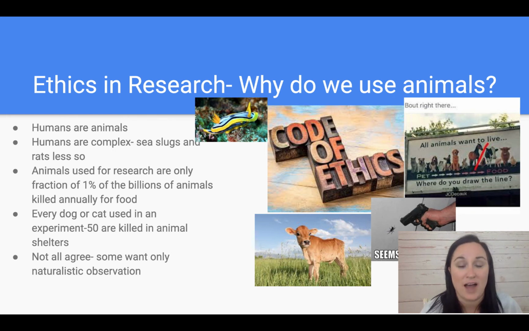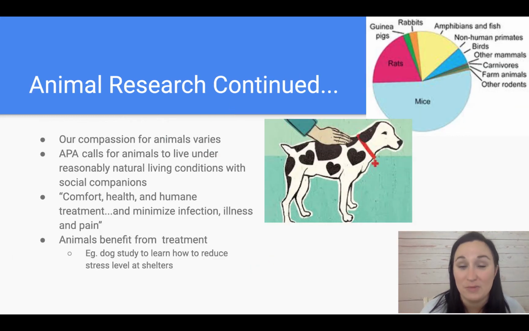They talk about how for every dog or cat that's used in research, there are 50 that are killed in animal shelters. Of course, not all agree with these things, but we feel that psychology uses this, research uses this, and the medical world uses this because we believe that it is a benefit to everyone, including animals.